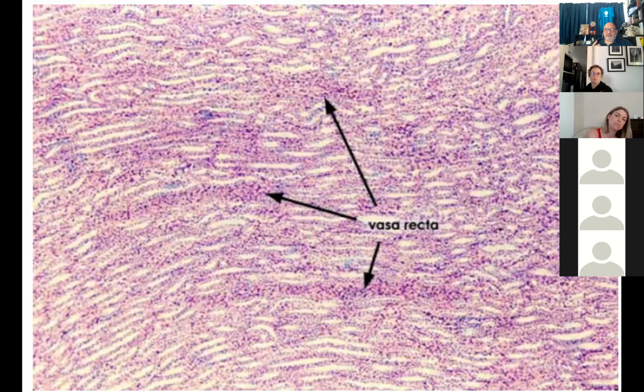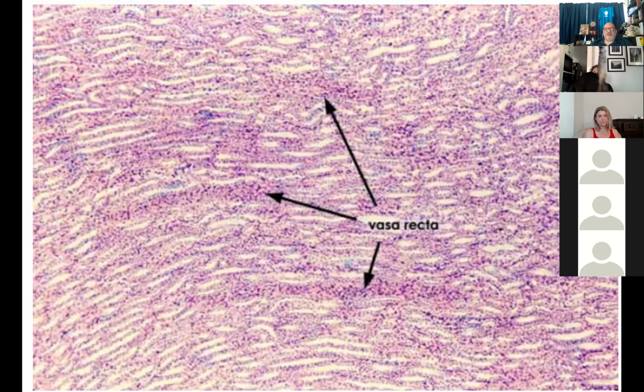Now, histologically, is it possible to tell the difference between the simple squamous descending limb, the simple cuboidal ascending limb, and the collecting ducts? Is it possible to do that, do you think, histologically? Yes, but as you've looked at your histology list, are those things that you're going to necessarily be responsible for?